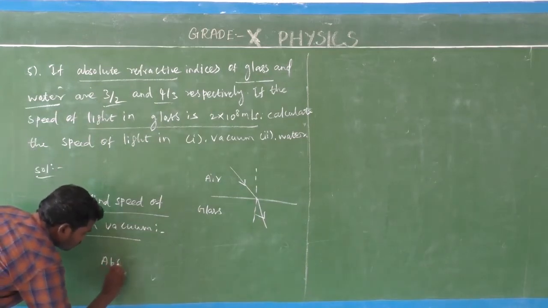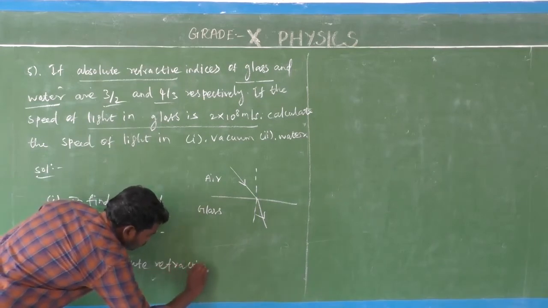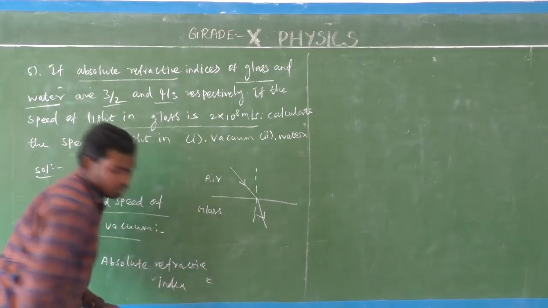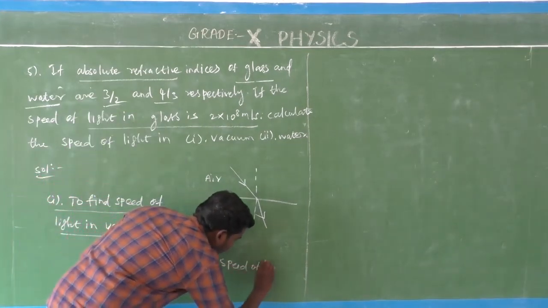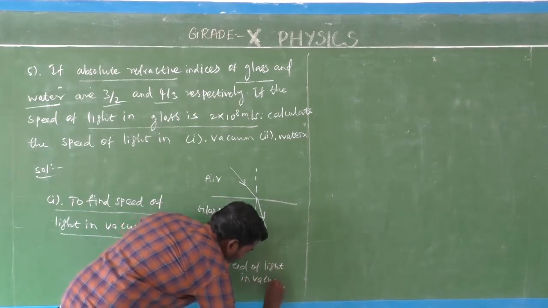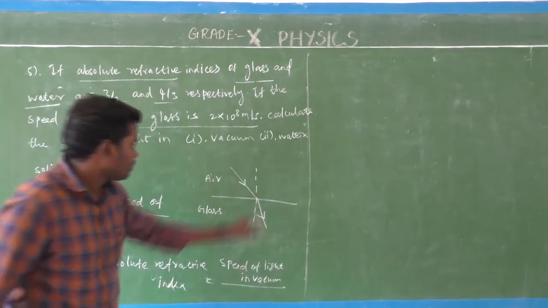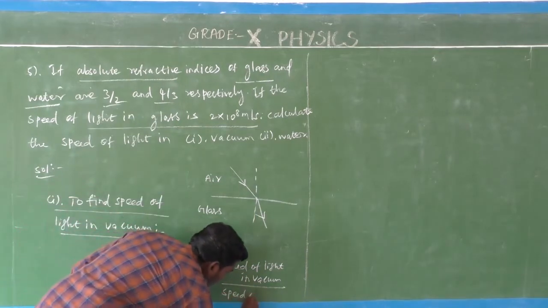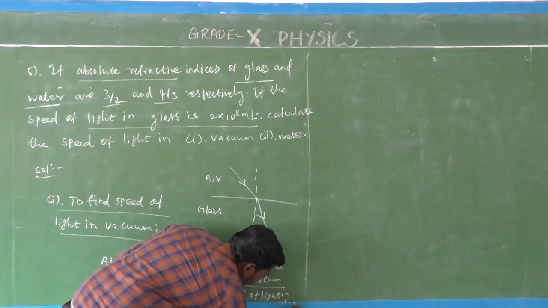So absolute refractive index is equal to speed of light in vacuum divided by speed of light in that medium. What medium? Here, glass medium. So speed of light in glass.